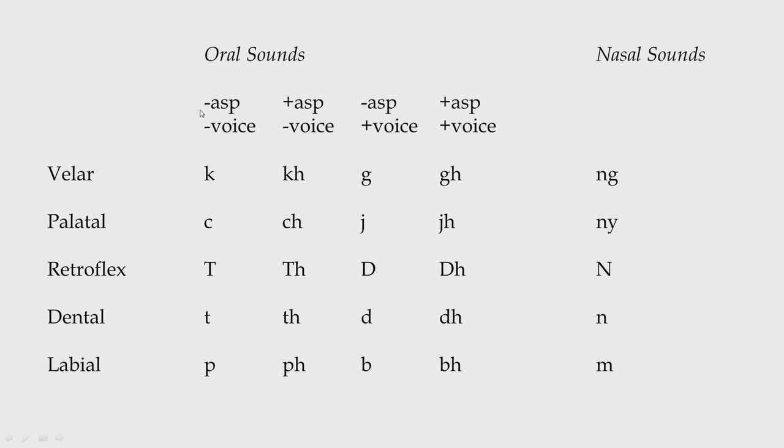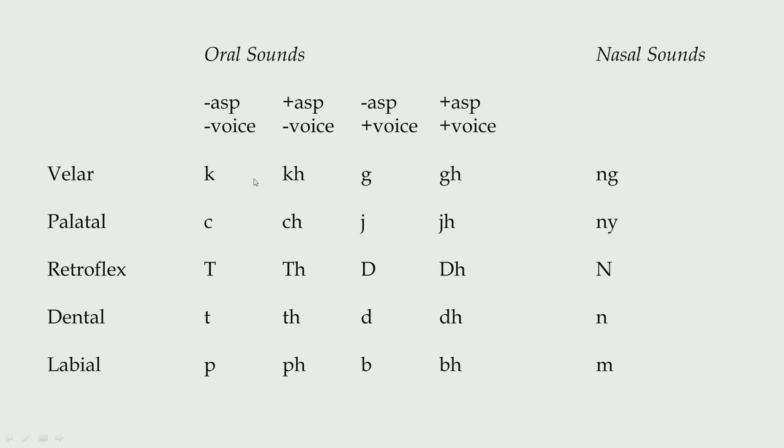So look at the first thing here. Ka is marked as minus aspiration and kha is marked as plus aspiration. So ka is not aspirated, kha is aspirated. Similarly, ga is not aspirated and gha is aspirated. That sounds okay and that helps.